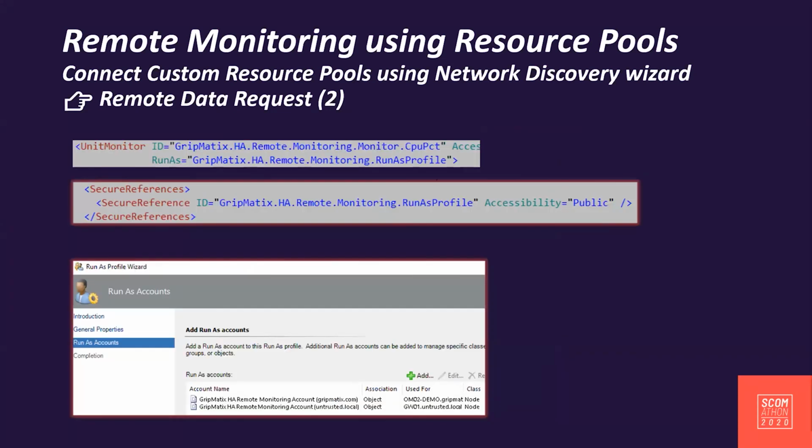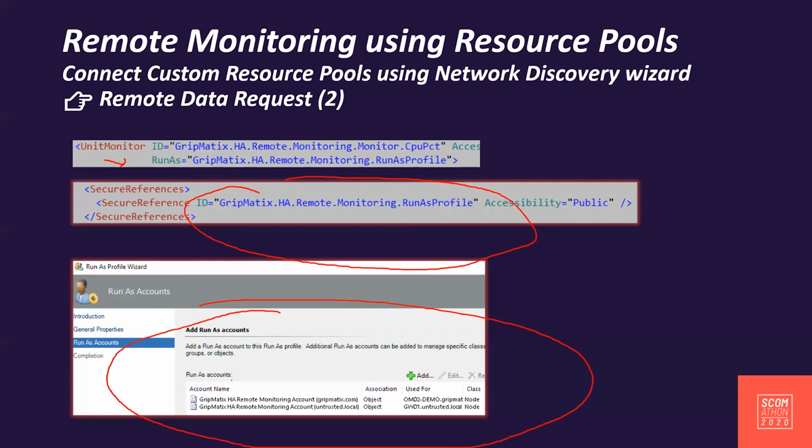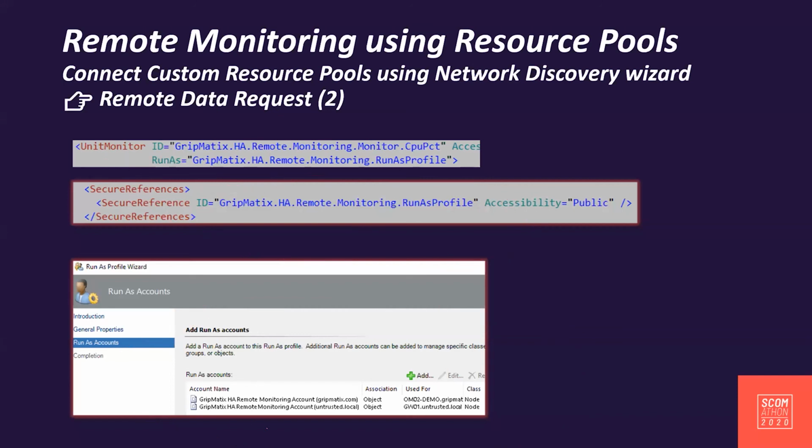Also, you need to make sure, especially when you are creating remote monitoring for non-trusted domain environments, that you create an RNS profile like this, so you can add it to any monitor workflow. And then you can configure your RNS profile using RNS accounts. Here you can see a SCOM RNS account from a non-trusted domain environment, and it's connected to this dummy device, this root object.